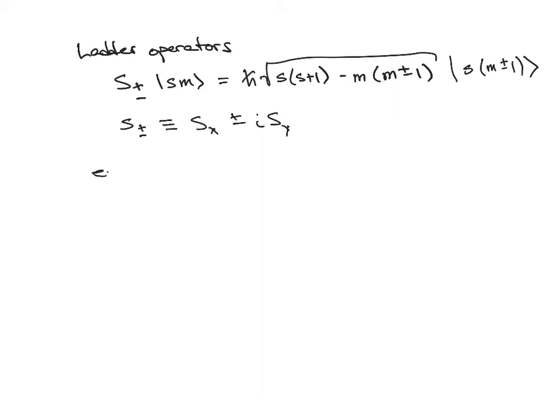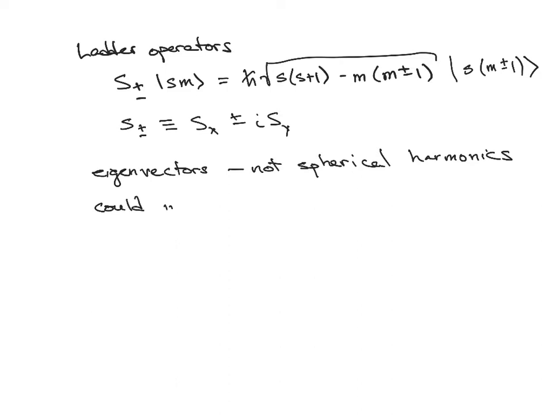So our eigenvectors are not the spherical harmonics in this case. That's good to note, because they are not dependent in spin's case on theta or phi. And remember, the spherical harmonics were functions of both theta and phi. Since they're not the spherical harmonics, we are not limited, and we could include half integer values for s and m.